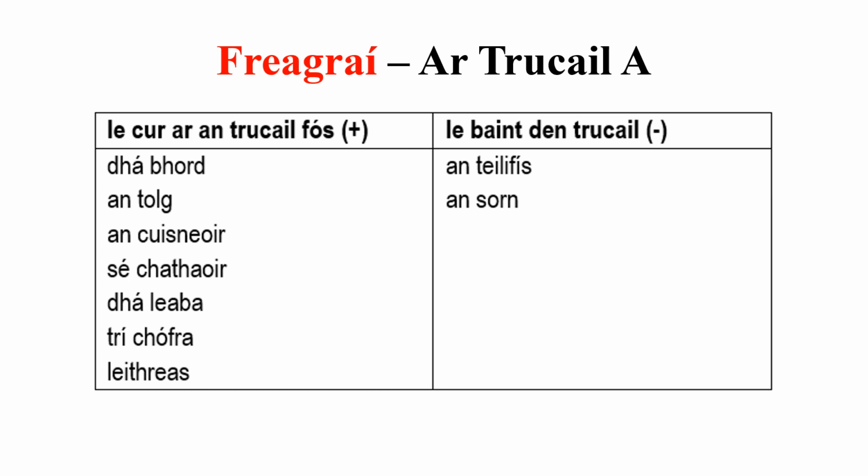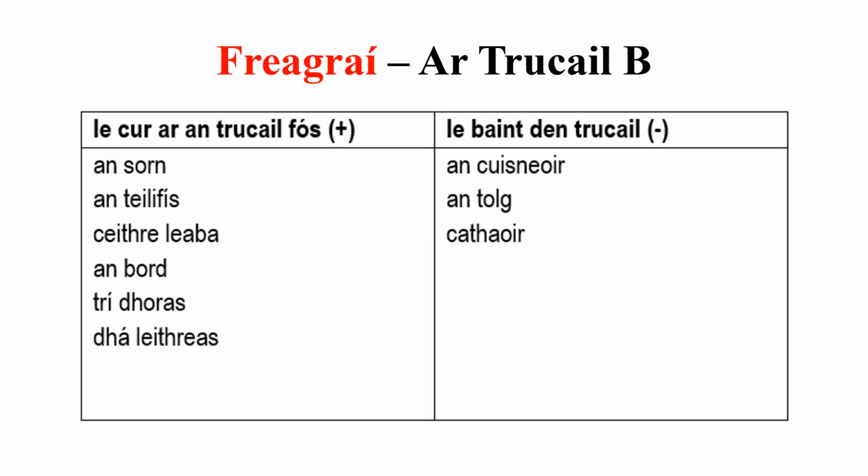To take off the truck: an teilifís agus an soirn. And the answers for truck B. To put on the truck yet: an soirn, an teilifís, ceithre labba, an board, trí dhoras, dhá leithreas. To take off the truck: an cúisneoir, an tolg, chathaoir.